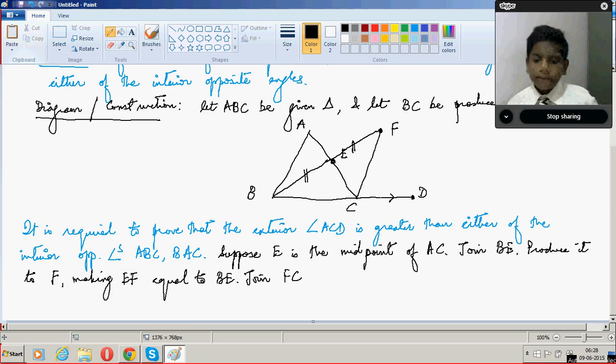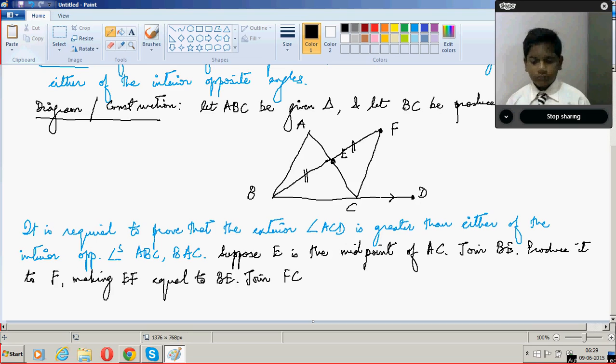This is one of the operations permitted, producing a line segment in either direction, taking the midpoint of a line segment, drawing a line perpendicular to a given line from a point lying outside it, drawing a line parallel to a given line from a point outside it. This is also that fundamental assumption, Playfair's axiom, which we will learn.